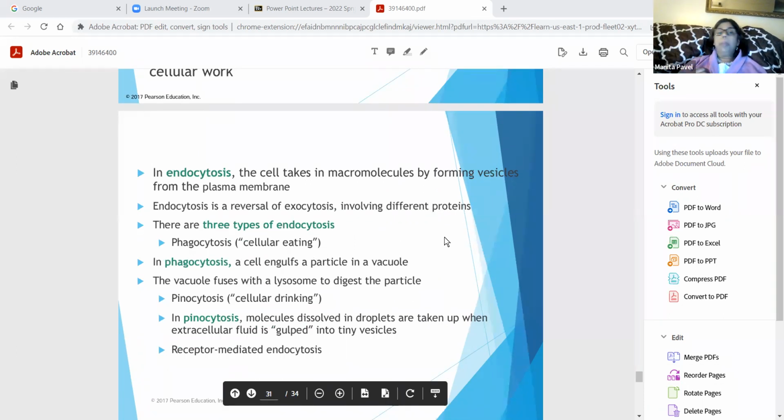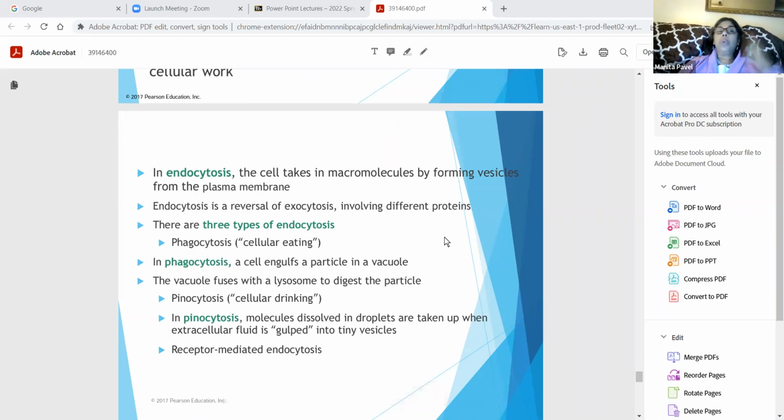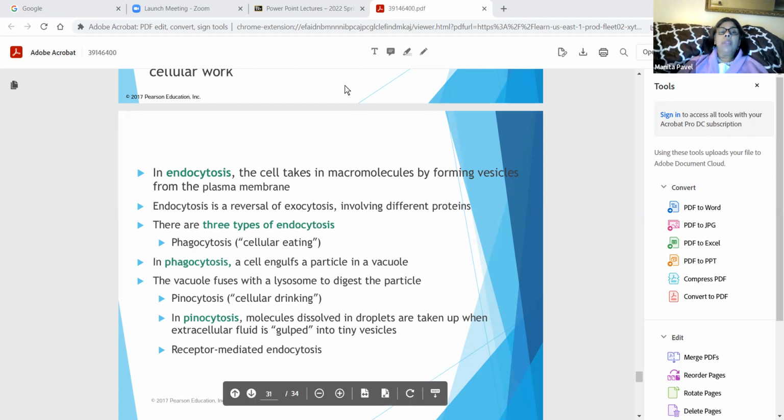Now, we talked about active transport. In active transport, I said to you earlier, there are 2 processes, endocytosis and exocytosis. Endocytosis is of 3 types: phagocytosis, pinocytosis, and receptor-mediated endocytosis.